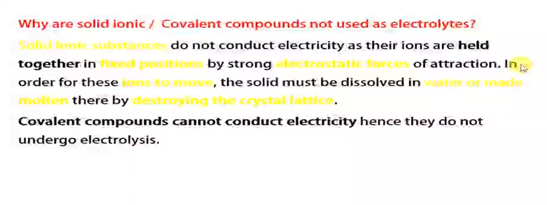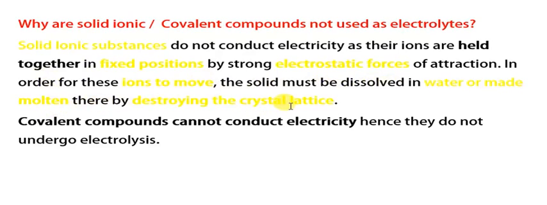Now, another question is frequently asked by students. Why are solid ionic or covalent compounds not used as electrolytes? As we all know, solid ionic compounds cannot conduct electricity as their ions are held together in fixed positions by strong electrostatic forces of attraction. In order for these ions to move, the solid must be dissolved in water or made molten, thereby destroying the crystal lattice.